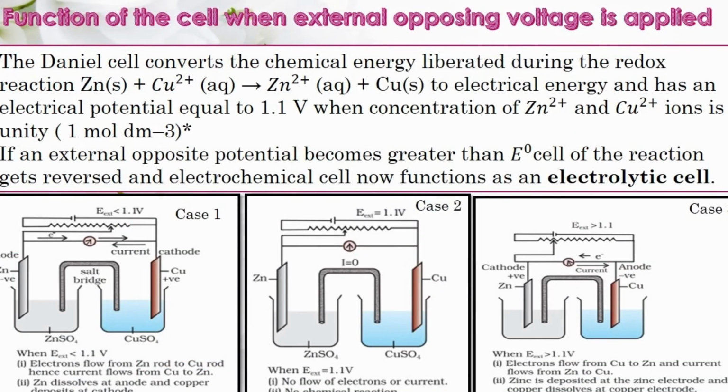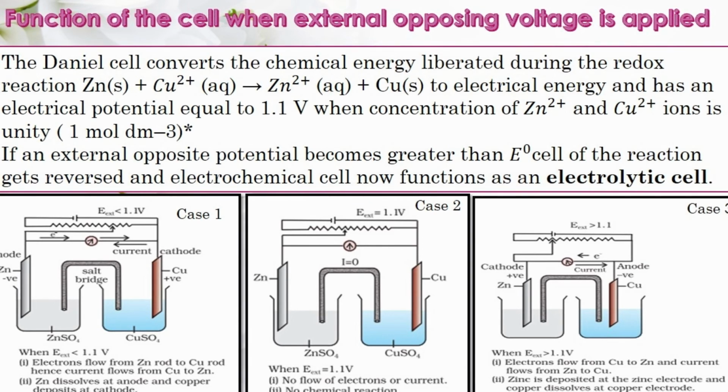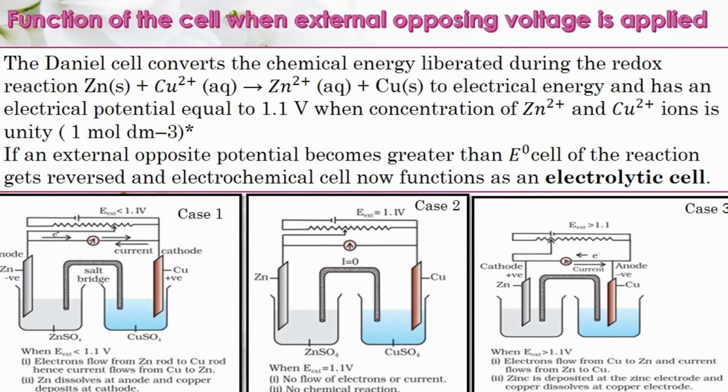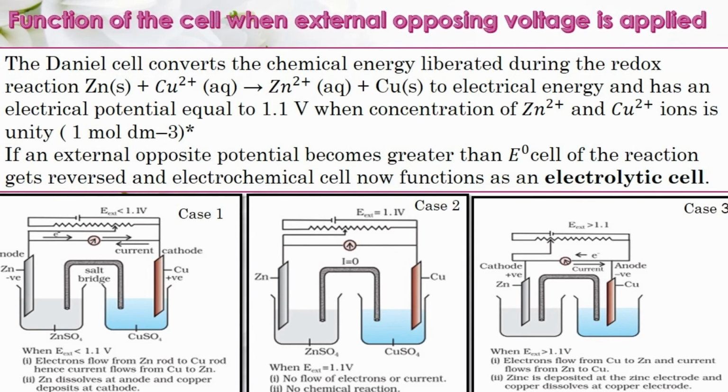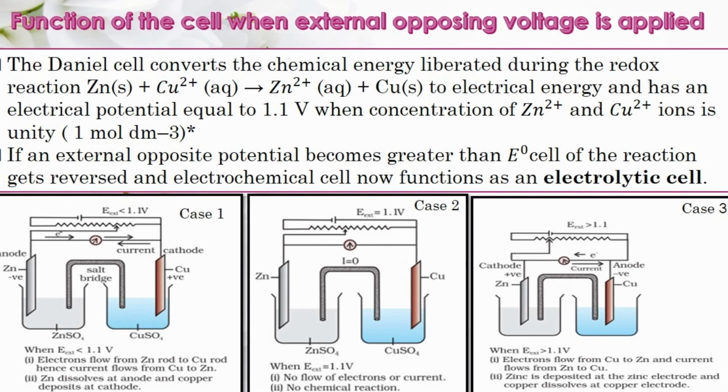Now let's learn about the functioning of the cell when an external opposing potential is applied. In the Daniell cell, we have a zinc electrode dipped in zinc sulfate solution and a copper electrode dipped in copper sulfate solution. The EMF of the cell is found to be 1.1 volt when the concentration of zinc sulfate and copper sulfate solution is 1 M. Now we are going to apply an external opposite potential and study this in 3 cases.